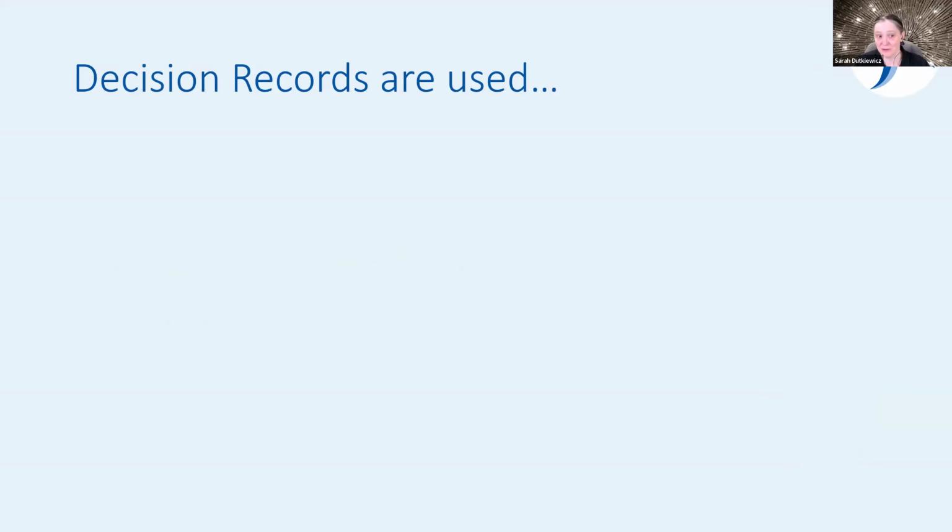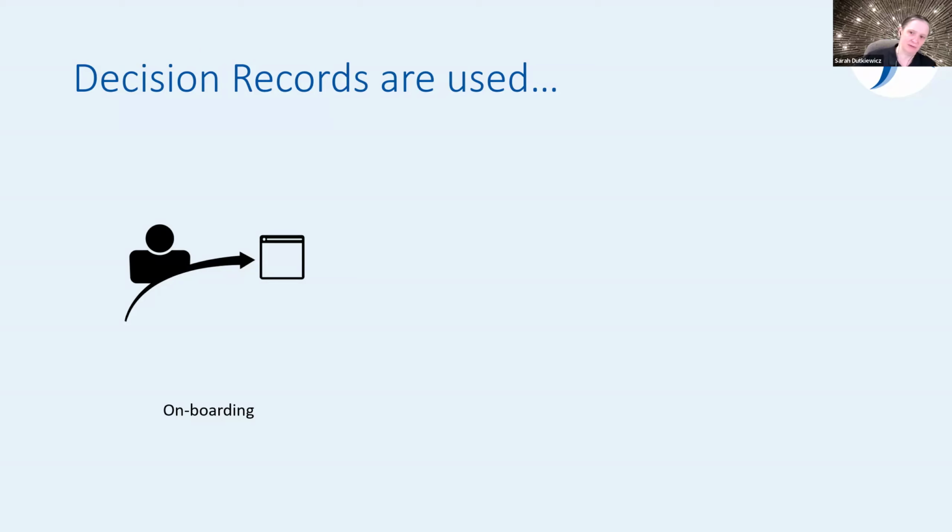So where are these decision records used? How do people actually go and read them? Well, one of the things we use them for is for onboarding people into our projects. So you have somebody who's new to your code base, or new to your system, new to your company even. Architecture decision records will help answer their whys as they're coming in and learning the system. Oh, at my last company, we used this particular messaging platform. And now I'm in this new company and they use a different messaging platform.